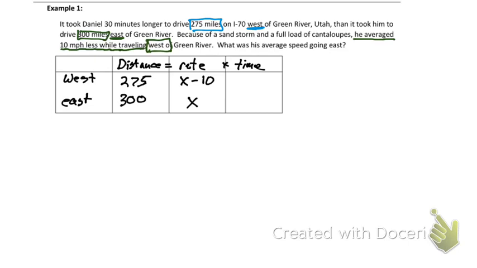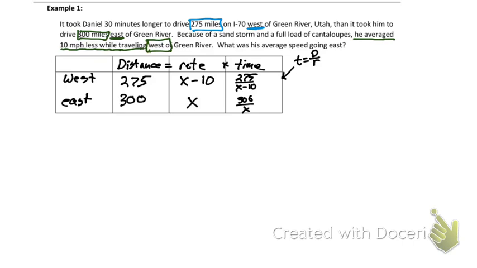That would make my time, just a reminder that you can always write time equals distance over rate by changing that formula, which would be 275 over x minus 10. And then we can do 300 over x. The whole reason I picked my rate to be the direction I'm going is because I want to point to these two. It just makes it a little neater for your notes. These are our two important values right now.